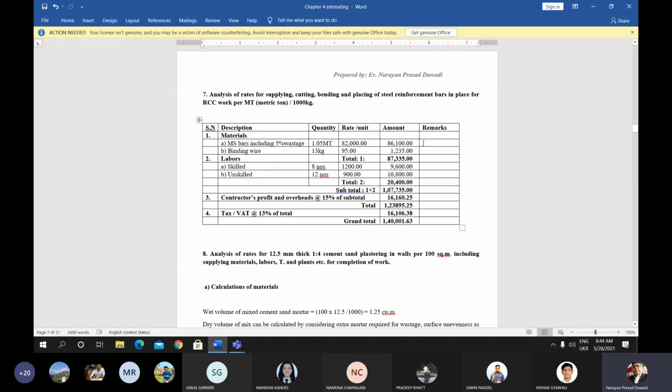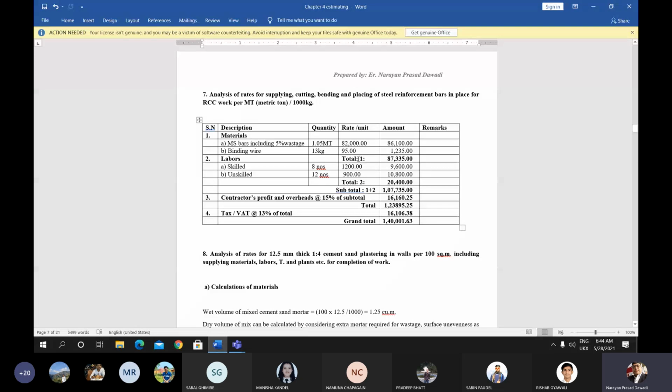Now for binding the 1000 kg of the reinforcement bar, 13 kg of binding wire is necessary, and this is the norm. And the rate of the binding wire is slightly more expensive than the rate of the steel reinforcement bar. So I have considered the binding wire rate as 95 rupees.